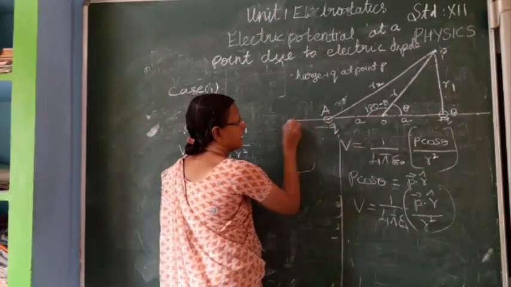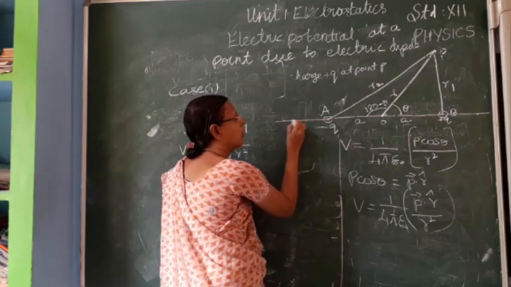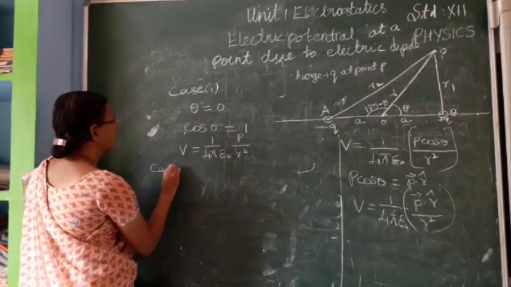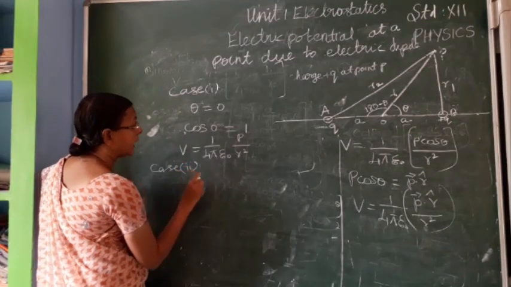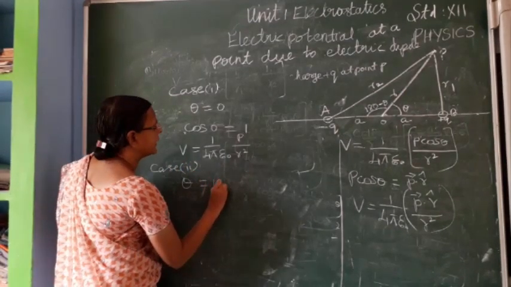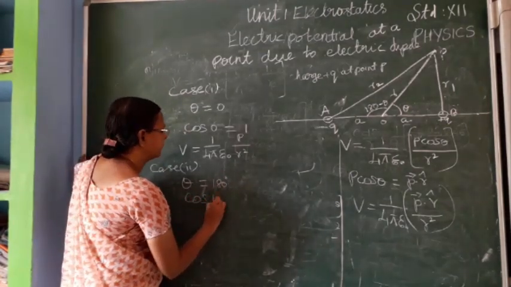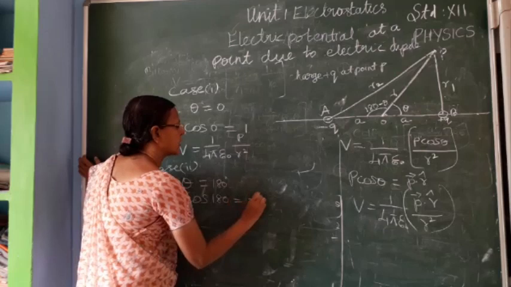If that point is on this side near to minus q, on the same axial line, in case 2 the angle theta is 180 degrees. Cos 180 is equal to minus 1.